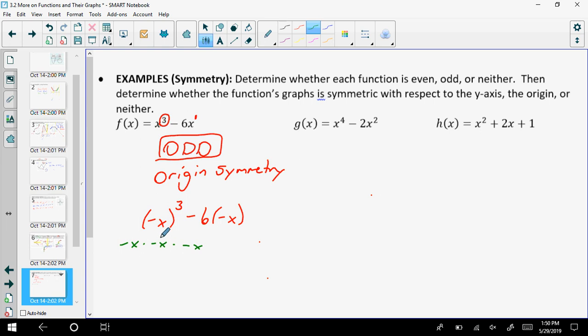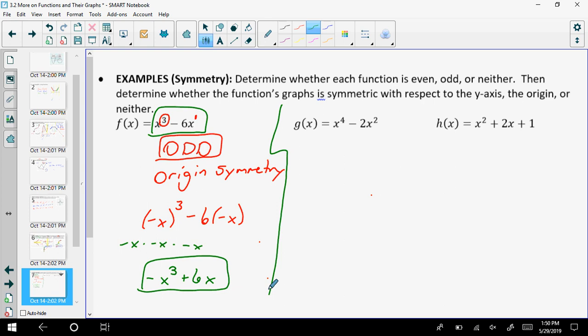So negative x times negative x is positive x squared, times another negative x would be negative x cubed. Negative 6 times negative x would be plus 6x. So notice, look at this result and look at the original. See how everything turned opposite? That means it is origin symmetry, or odd. Think odd, opposite, origin, they all kind of go together.